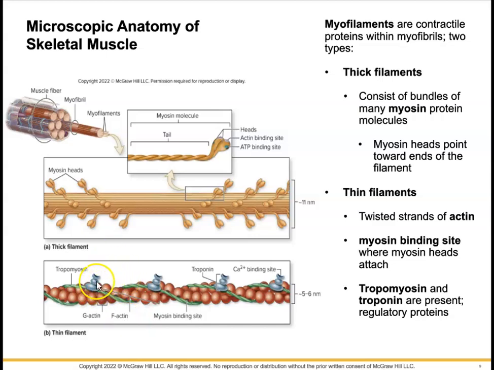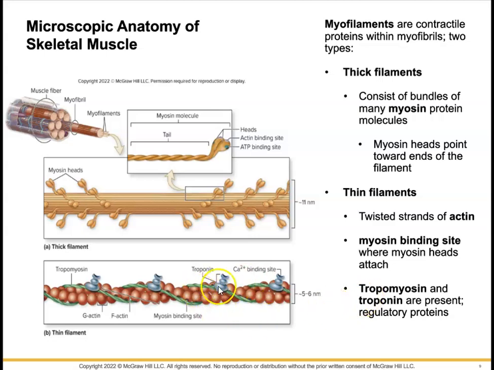The troponin is an anchor that holds the tropomyosin. Trop is a rope. It holds the rope over the binding sites. So as long as all of this is in place, poor old actin up here can't get with his girlfriend and hook up. Okay? Because the binding sites are covered.